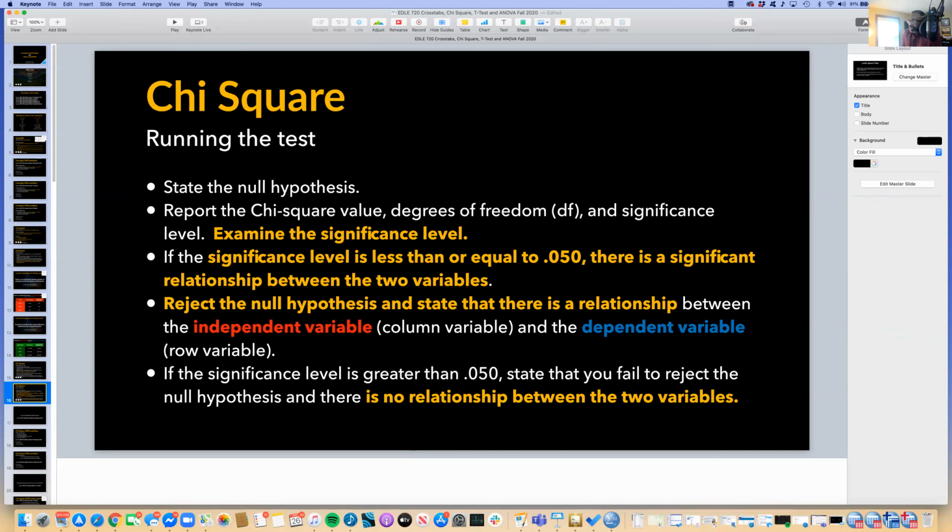So again, when we're running the test, we generally state the null hypothesis, as I did earlier. We examine the significance level. If the significance level is less than or equal to 0.05, there is a significant relationship between those 2 variables.